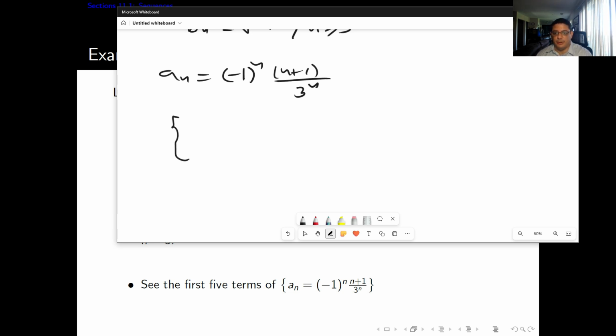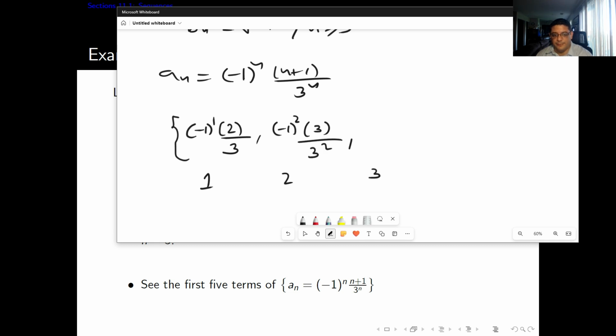So notice that when we plug in n equals 1, we're going to get (-1)^1 times 2 over 3. And then for 2, we're going to get (-1)^2, 2 plus 1, so 3 over 3 squared.